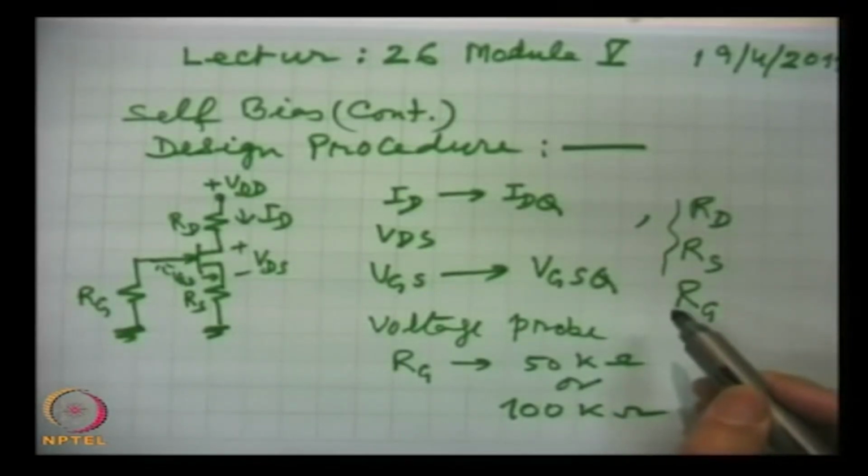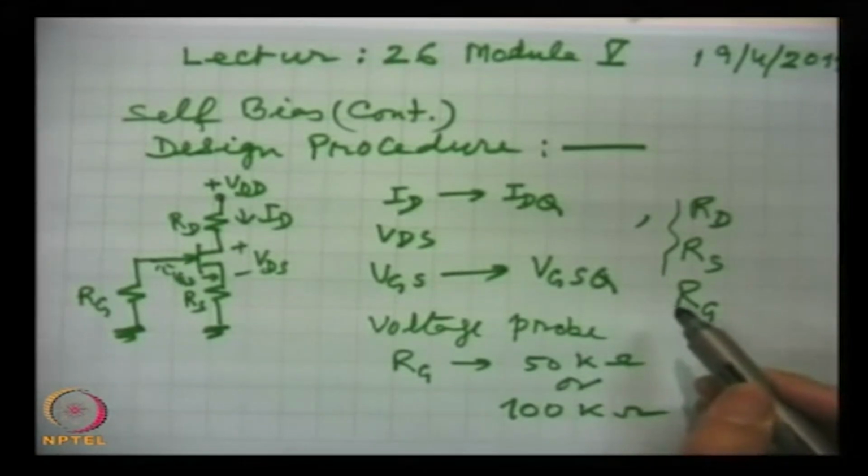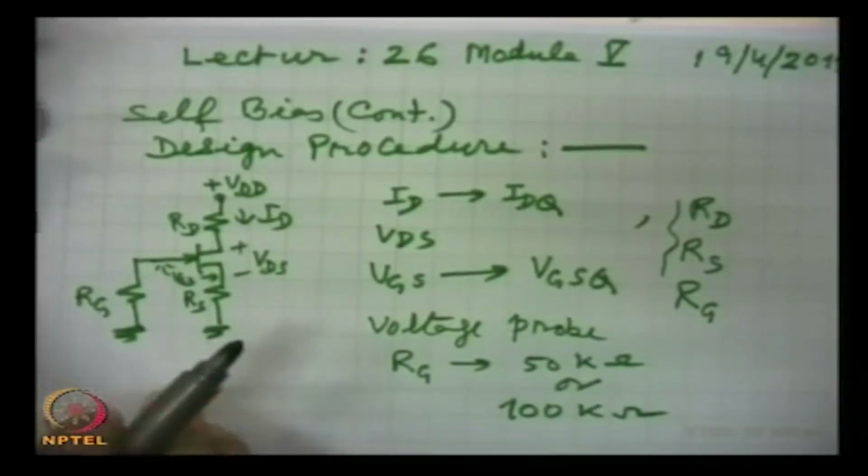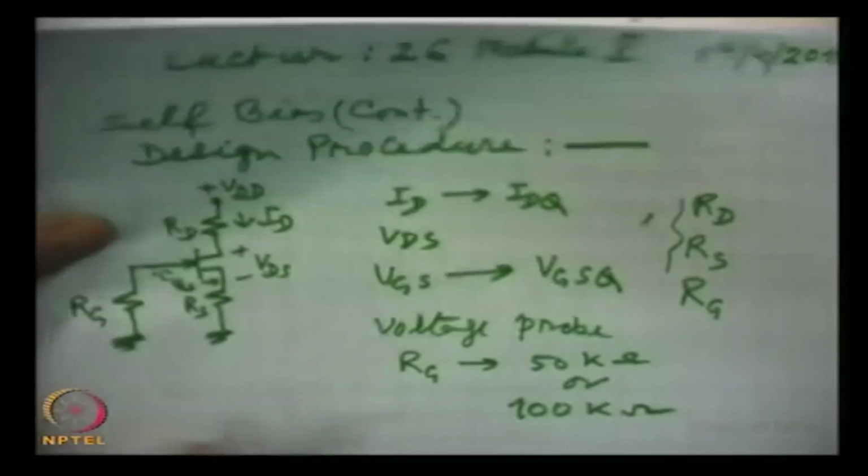What type of drain characteristics? Drain characteristics tell us the amount of drain currents which flow in the circuit, and what are the various voltages. So, this all comes under design procedure, and we proceed to find out these values.